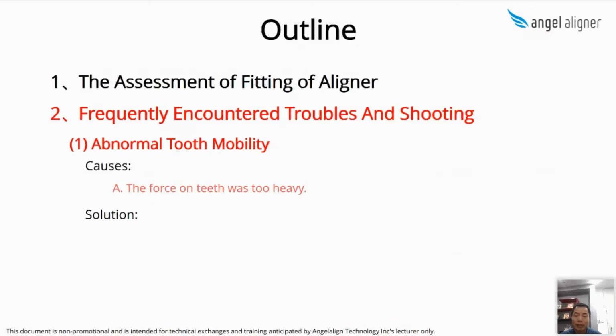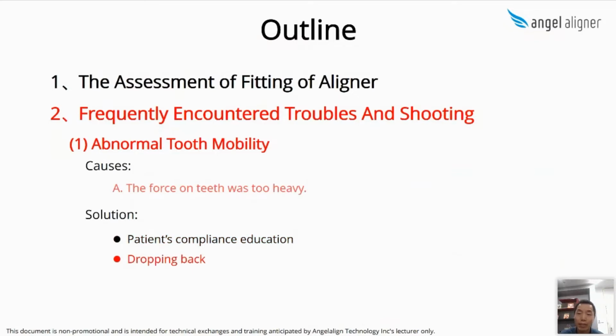In this situation, the excessive force may be applied on the tooth and may cause abnormal loss of tooth. So the patient's compliance education should be continued throughout the whole treatment process.